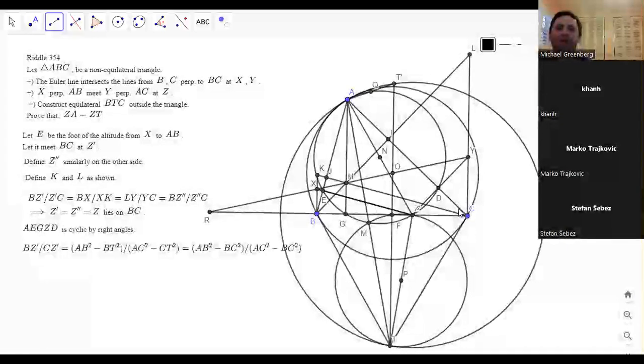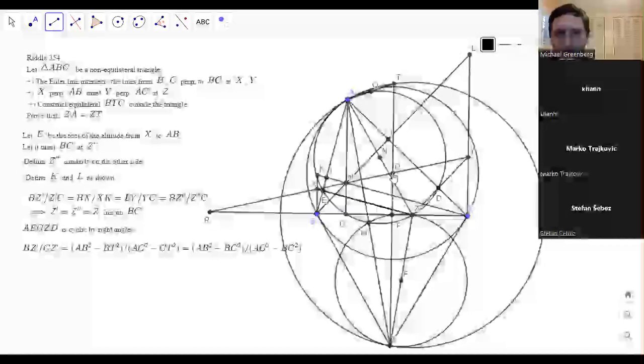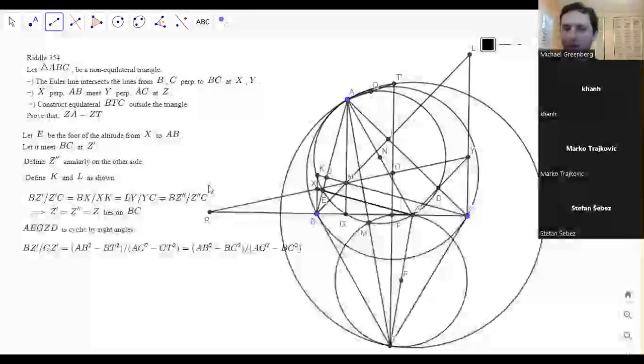For example, I think this may work: we take ABC as the unit circle, and then we compute T by rotating BC around C by 60 degrees. Then we can find Z from this formula, BZ over CZ is equal to this. Then we have Z, and we just have to compute the modulus of AZ and TZ.